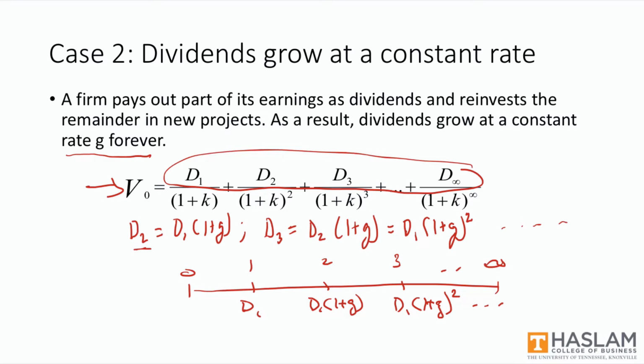And so the upshot of this is if we know D1, we can use the growth rate to determine all other dividends going forward. We call this structure a growing perpetuity.